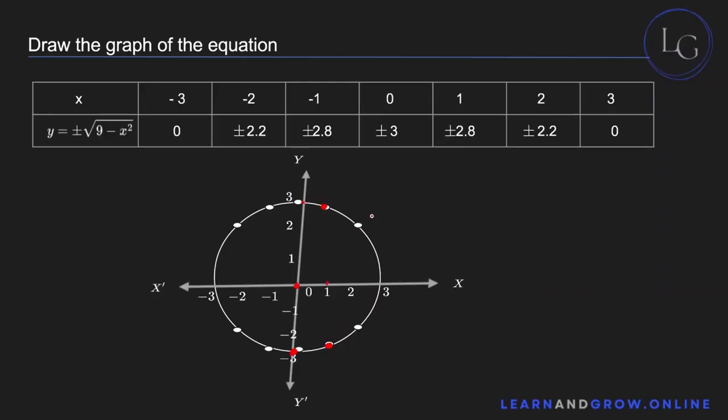So this is a very simple example of graphing a function. All you have to do is isolate the y, input different values of x within the domain of x itself, and then just plot the values. Simple.